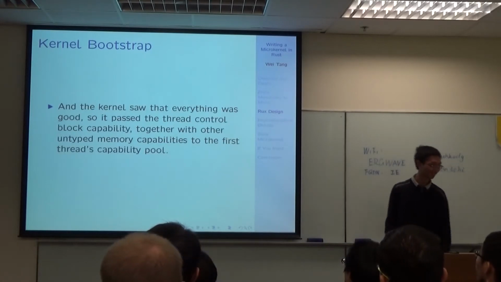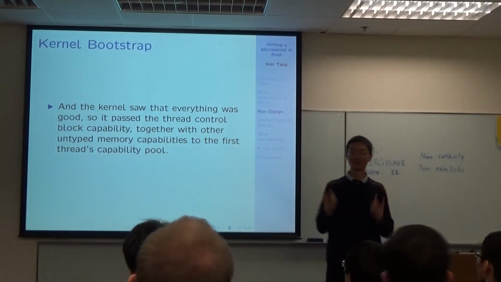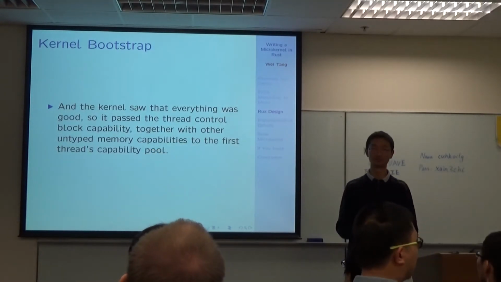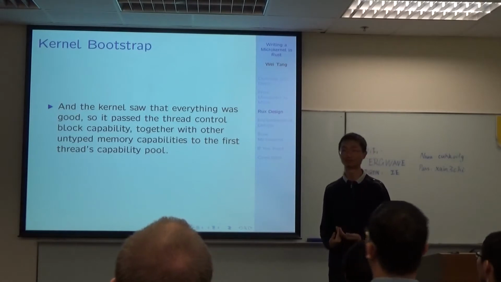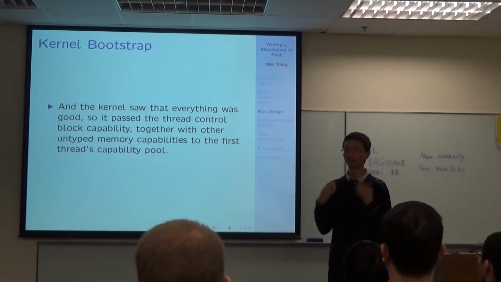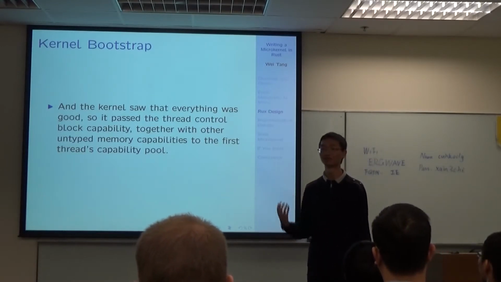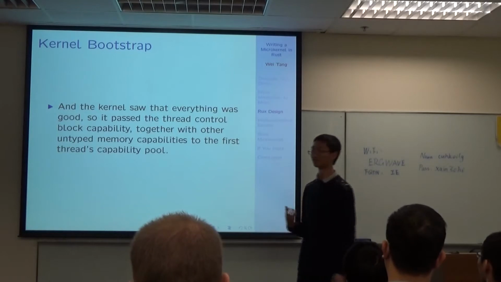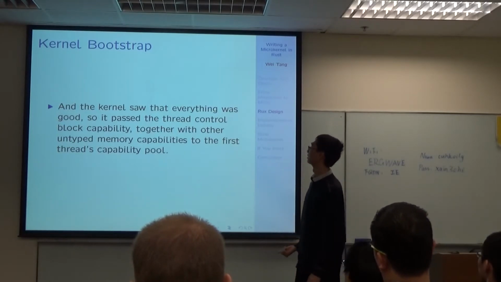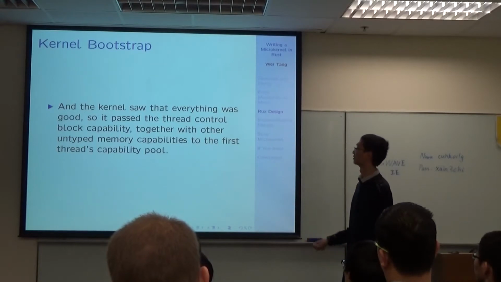After that, because this is a microkernel, I know the kernel doesn't need to allocate more memory. After bootstrapping, all the memory I need to manage is actually managed by a particular thread. So I can pass all my untyped memory into my first thread, and let the thread manage all the capabilities.